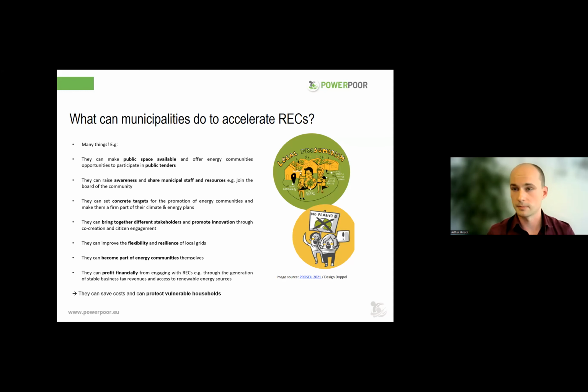First of all, they could make public space available. I gave this example already from the Italian case. And they can offer energy communities the opportunity to participate in public tenders. That essentially means creating a tender for the installation of a PV plant or a wind plant, allowing citizens, allowing different renewable energy producers to apply, and setting up the tender in a way that only those can participate who have a certain social impact.